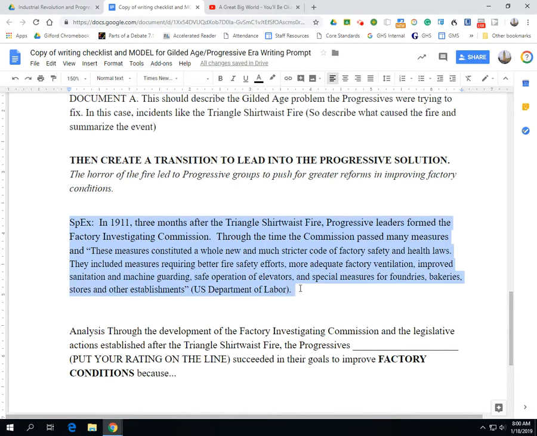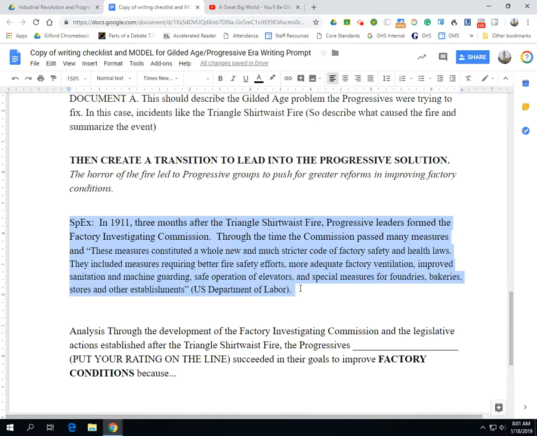After reviewing document A, there is a corresponding document B. Document B's purpose is to provide you with information that, because of this particular problem, this group of progressives decided to confront the problem in some way. They came up with goals and what they thought was a solution to help improve the situation.